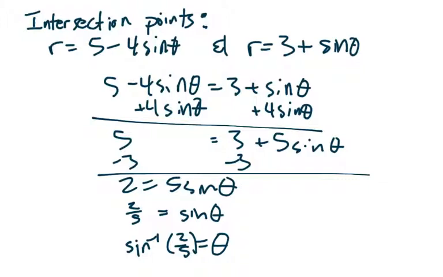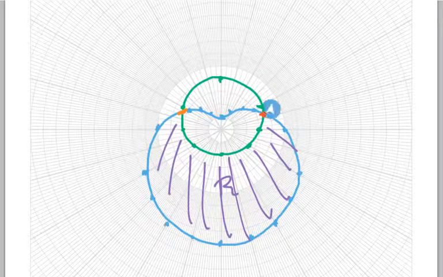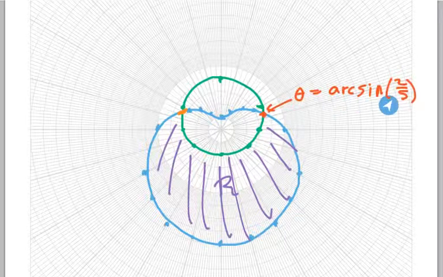Now, we know that there are 2 intersection points. So this is going to be the theta value arc sine of 2/5. What is this going to be? Well, it's going to be its mirror image over in the second quadrant. How do we find the mirror image of this guy over here in the second quadrant?